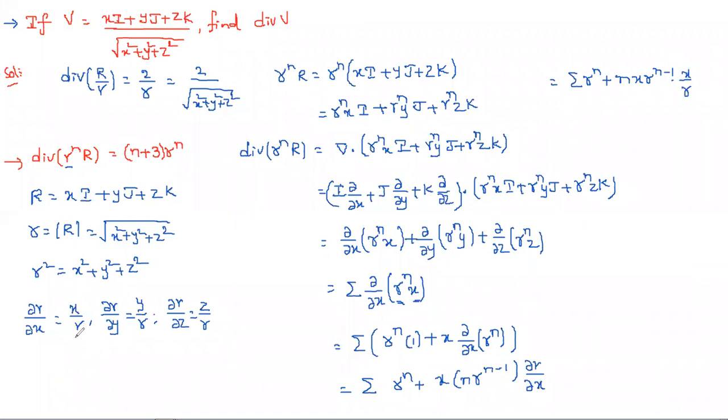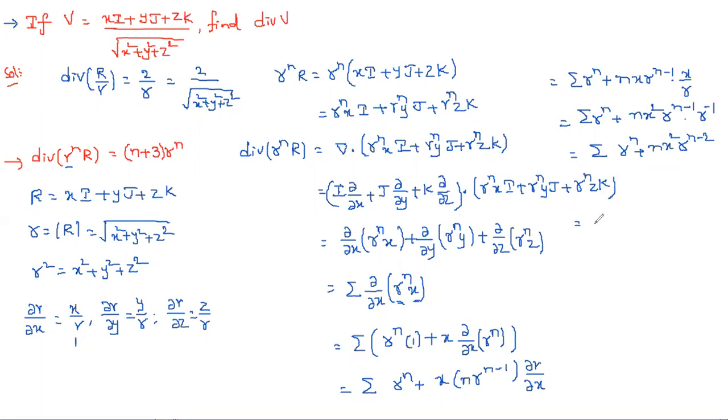Already we wrote this, see here. Now summation r^n plus n into x into x, which is n x^2 r^(n-1), and 1/r we can write as r^(-1). So this equals summation r^n plus n x^2 r^(n-2). This one we got by applying with respect to x.